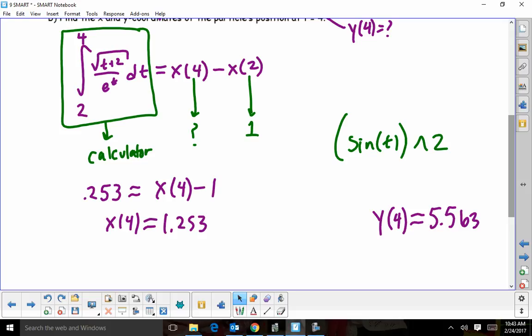Read it. Only squared e of the sine. Okay, you asked that. So you need from sine as well.